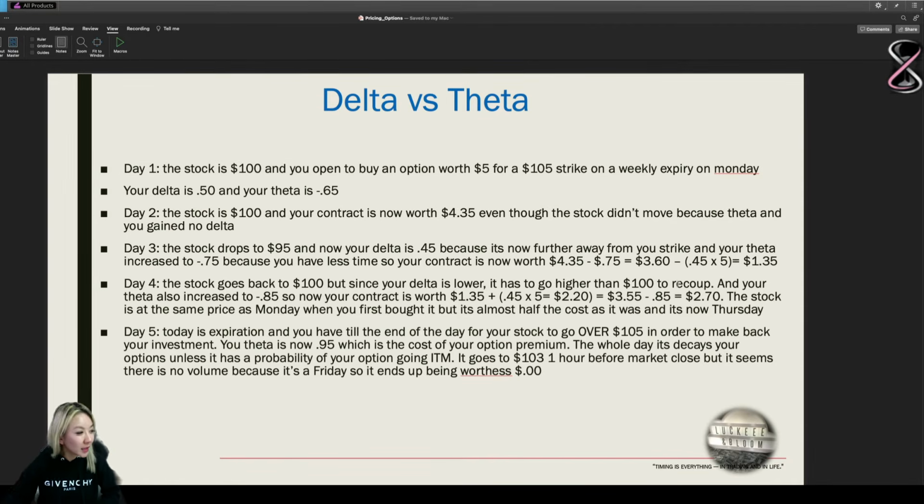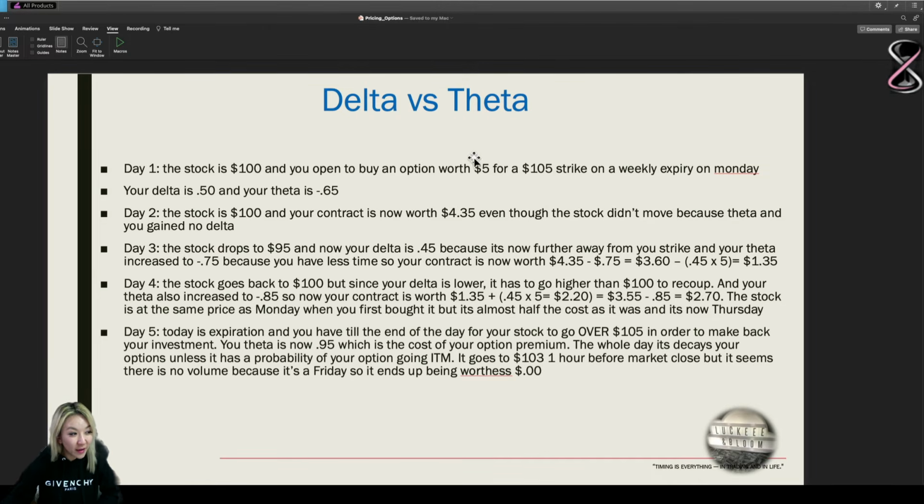But not only that, your theta also increased again to 85 cents. So now your contract is worth 1.35 plus, yay, the $2.20 you gained back, which is 3.55. But then your time decay also kicked in again. So 3.55 minus 0.85 is 2.70.